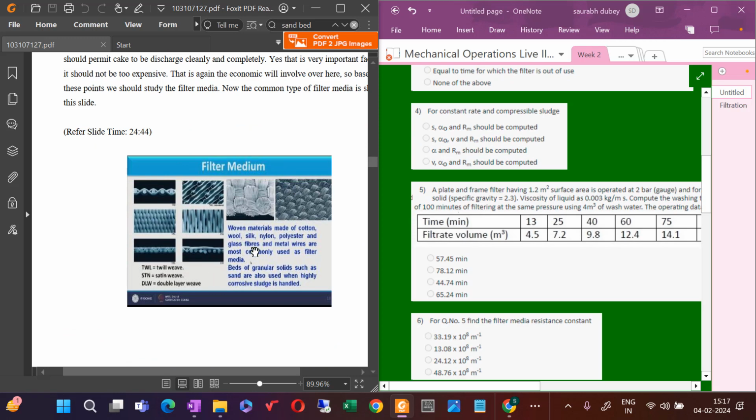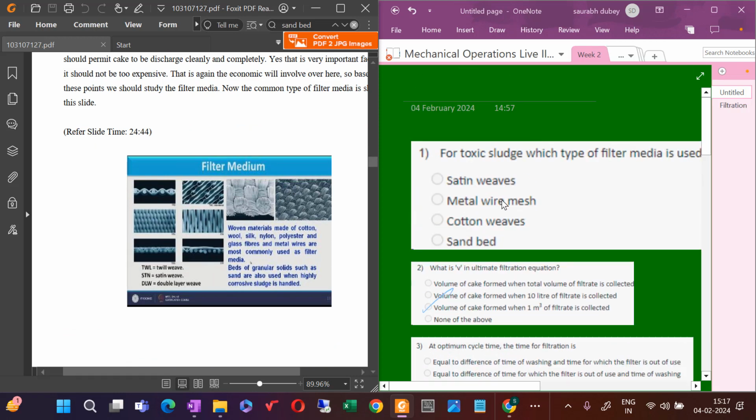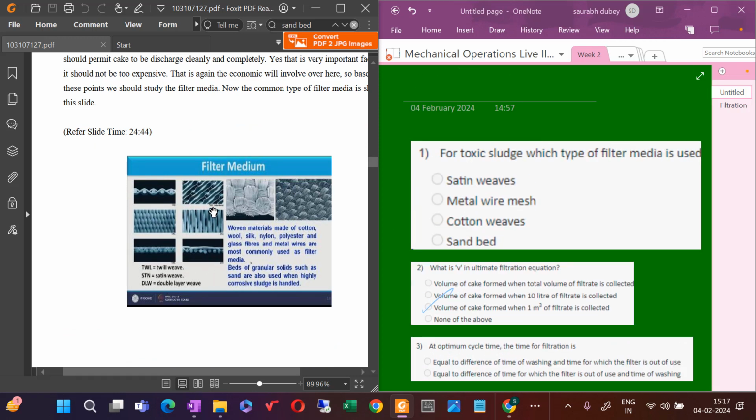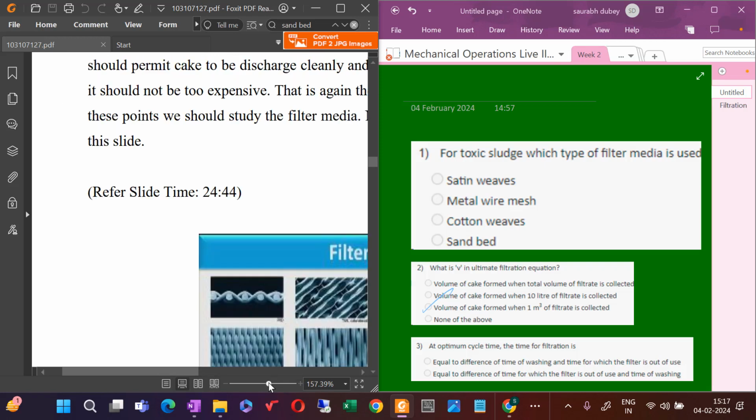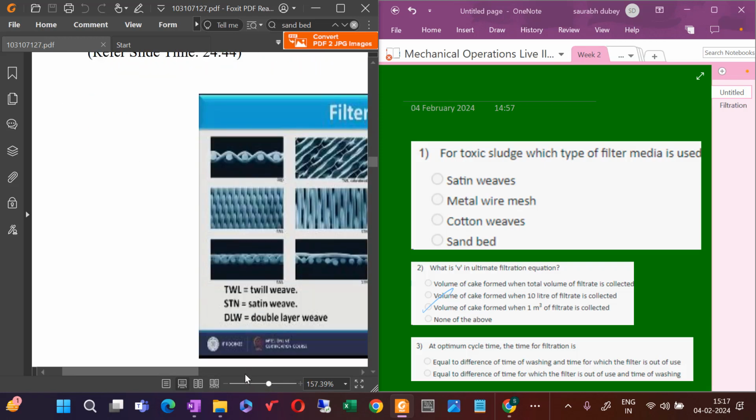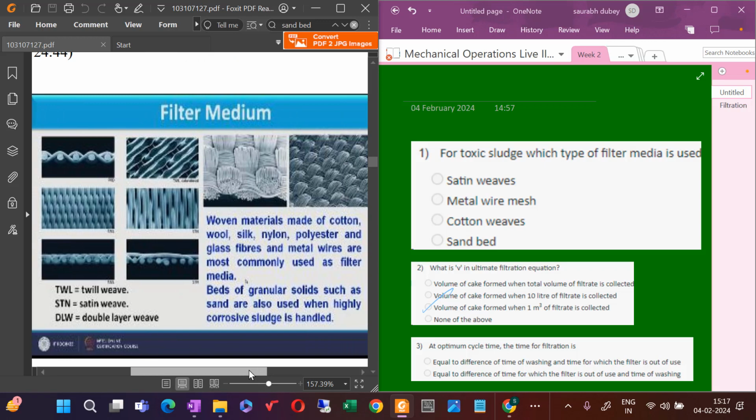Like here you see there are different weaves. So what is satin weave? If you look at this carefully: cotton weave, satin weave, twill weave, double layered weave. These are different kinds of filters.